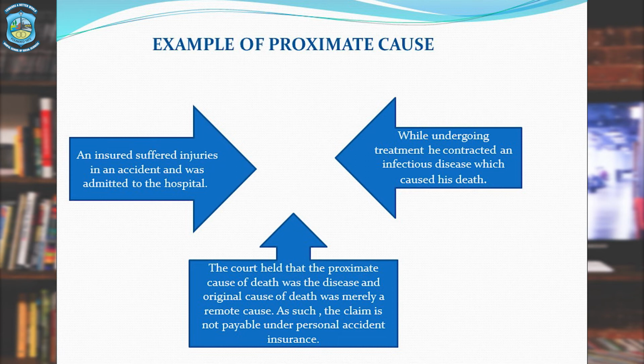While undergoing treatment in the hospital, he contracted some infectious disease which caused his death. Now, in this case, the court held that the proximate cause of death was the disease and the original cause of the death was merely a remote cause. As such, the claim is not payable under the personal accident insurance.